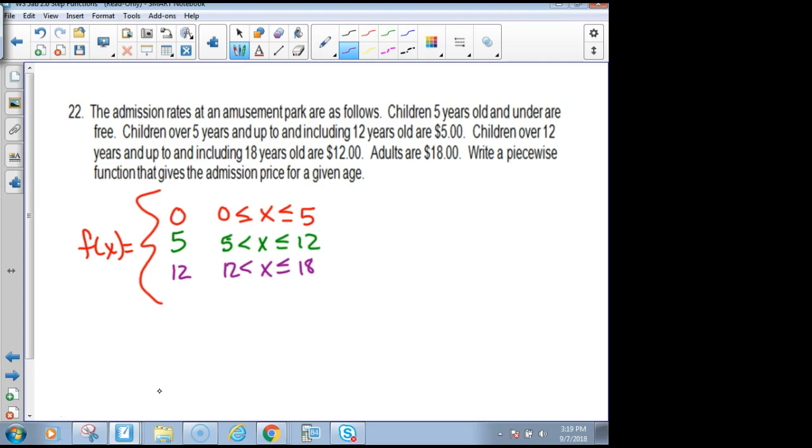And then finally, when you're old and you can actually afford to go, you have to pay more. When you're an adult, you're going to pay 18. And that's when x is greater than 18. When you're older than 18. How exciting. You could graph that.